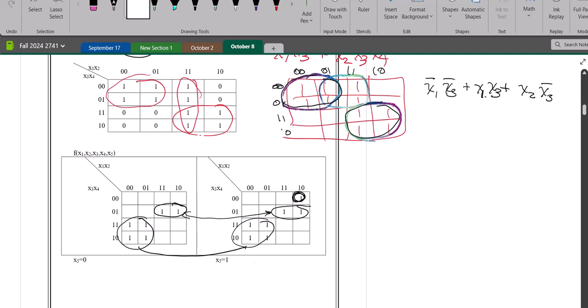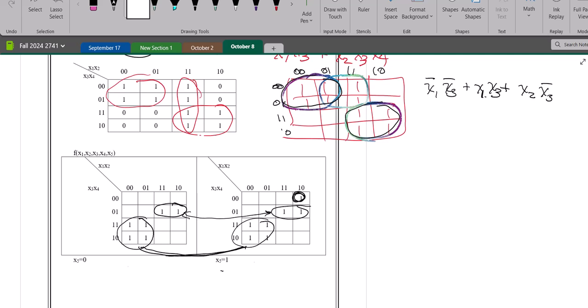So now to name this, let's look at what they have in common. If they are connected across the two Karnaugh maps, they don't have an X5, because the X5 is different. It's 0 on one of them and 1 on the other. So if they're connected, it's not going to have the X5.